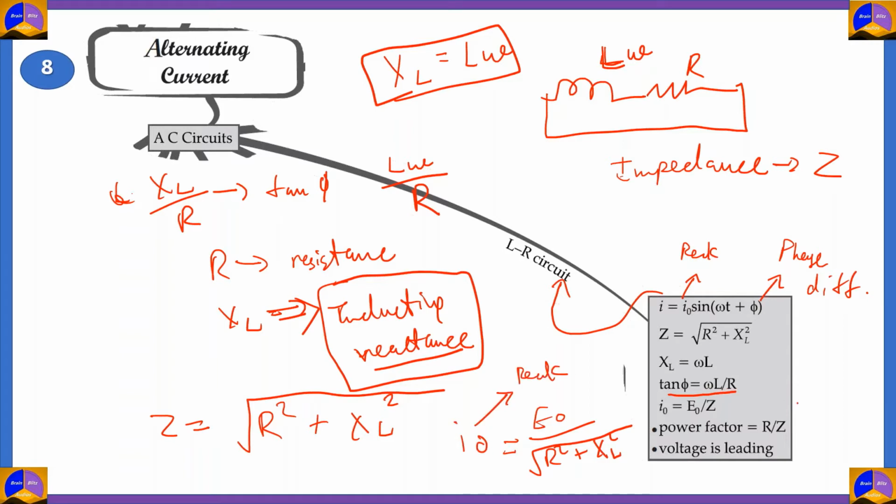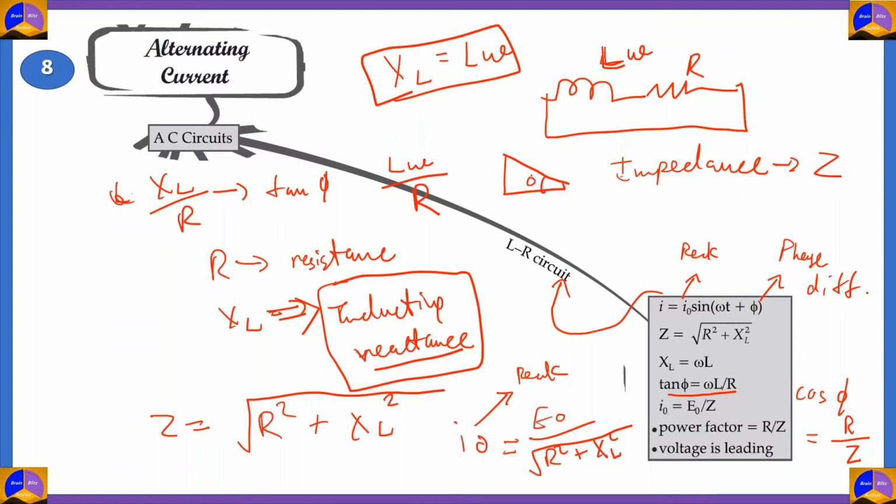To find the power factor here, which is cos phi, we use this equation, R by Z. So for a circuit containing a resistor and an inductor, we divide the resistance by the total impedance Z. So in effect, what we have is a triangle.